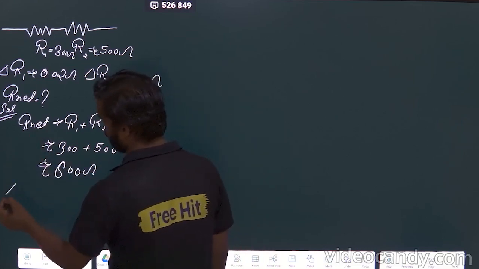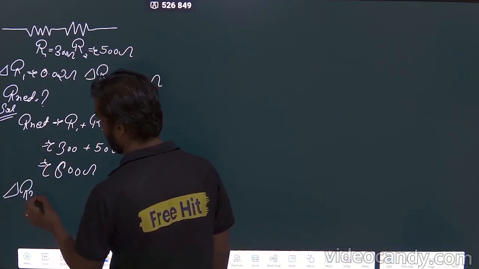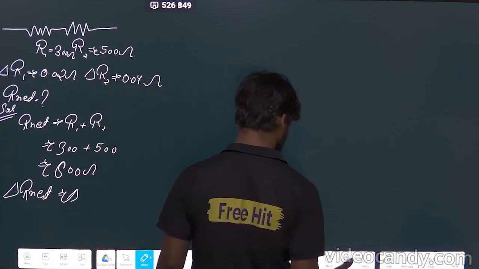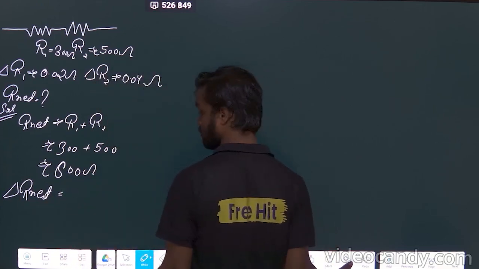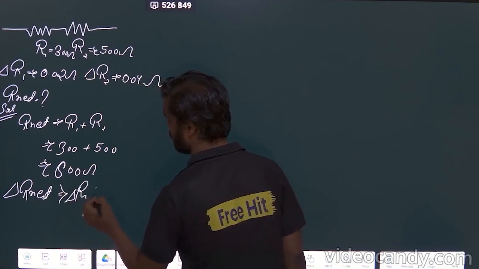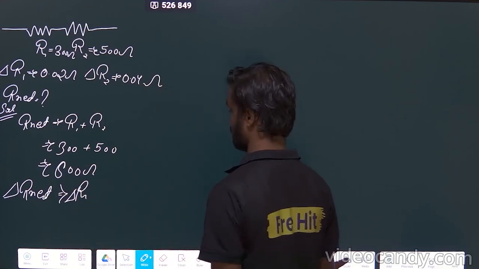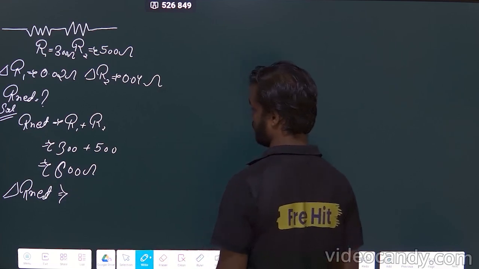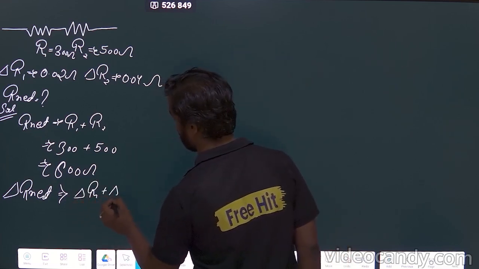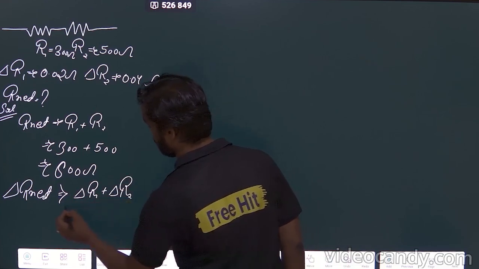Now I have to apply here delta R net is equal to delta R1 plus delta R2.